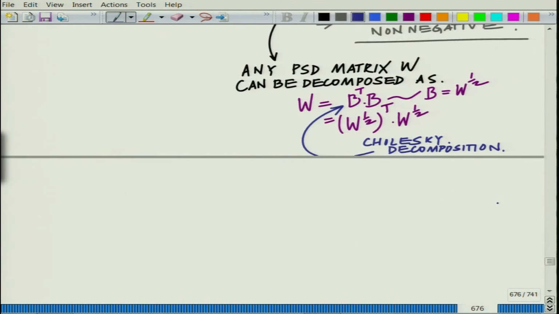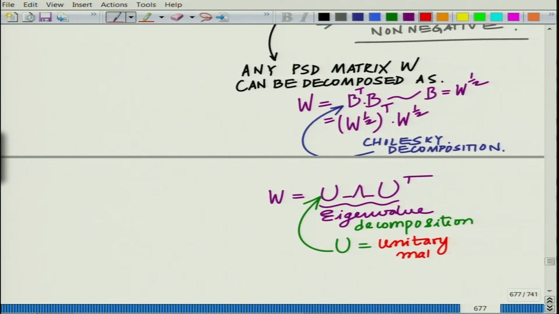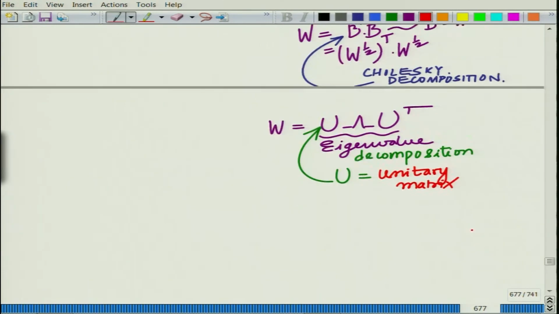This can also be obtained as follows. For a positive semi-definite matrix, the eigenvalue decomposition is given as U lambda U transpose, where U is a unitary matrix.